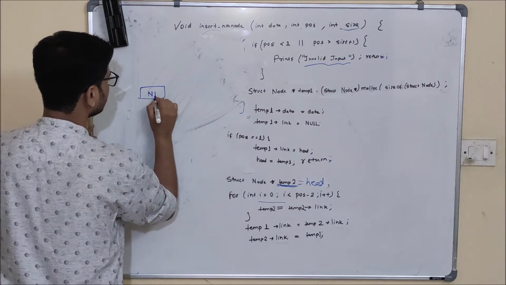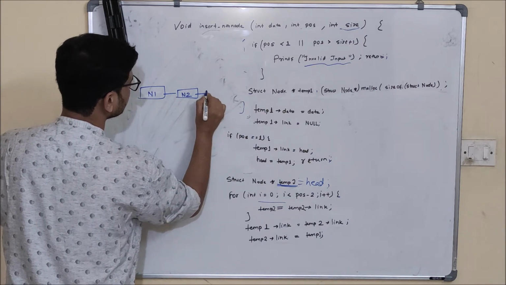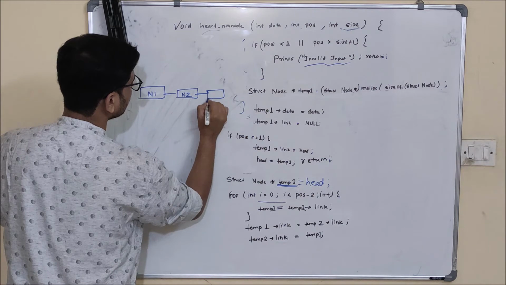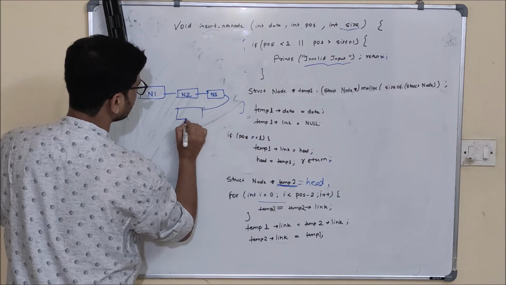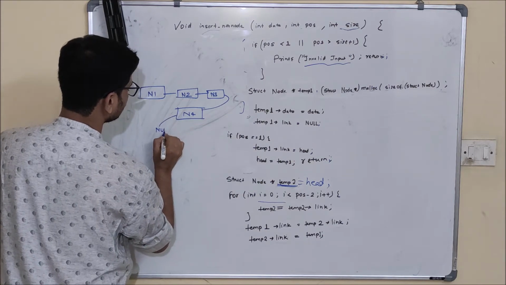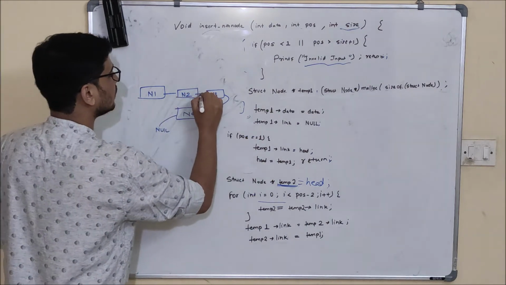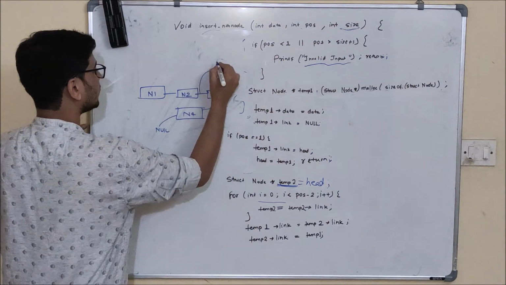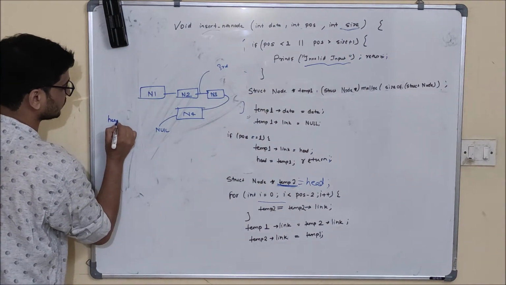This is our node 1, this is our node 2, this is our node 3 and this is our node 4, and this is pointing to null. So let's try to insert a node at third position. This is our head.